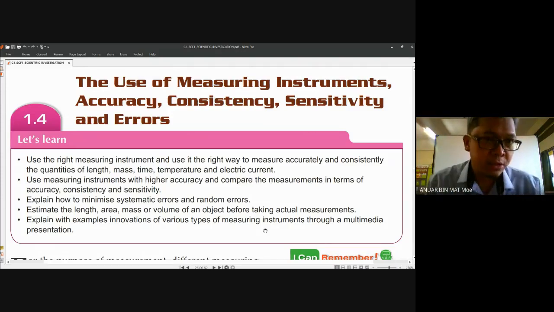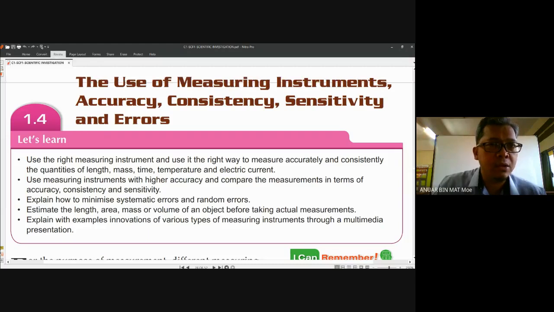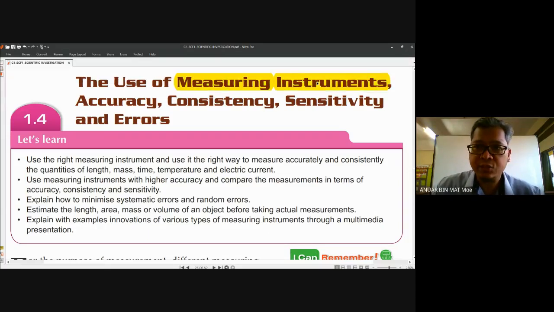So today we're going to continue. Our next topic for today is 1.4, the use of measuring instruments, and their accuracy, consistency, sensitivity, and error.